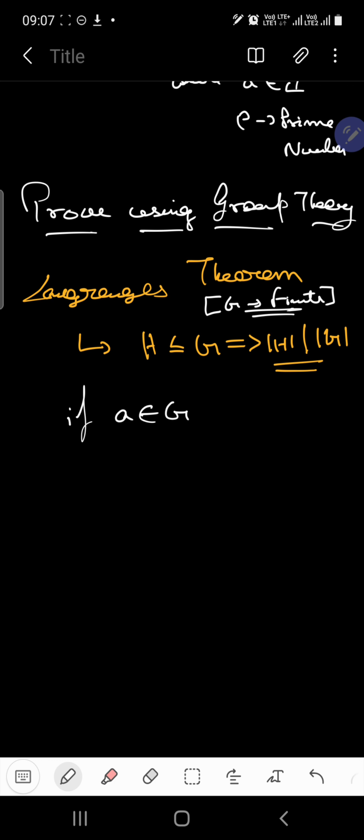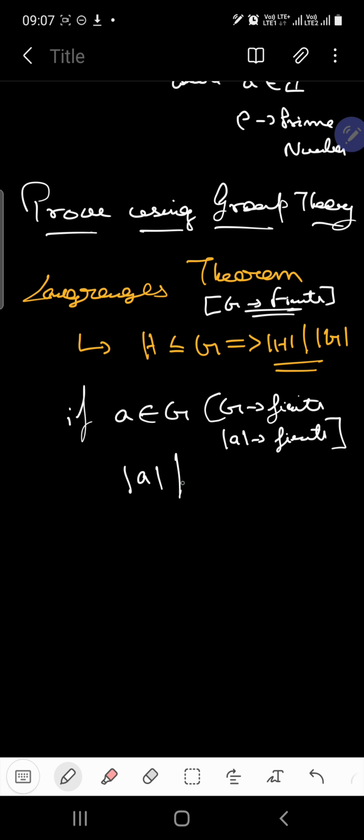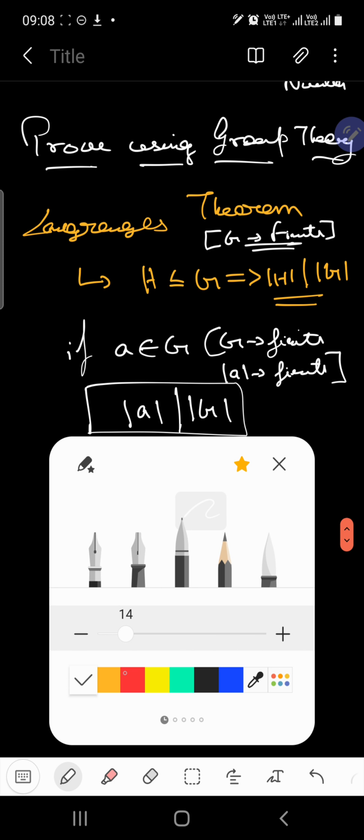So we have some A belonging to G, where G is finite and the order of A is also finite. Then the order of A will divide the order of G. Now why is this a corollary to Lagrange's theorem?